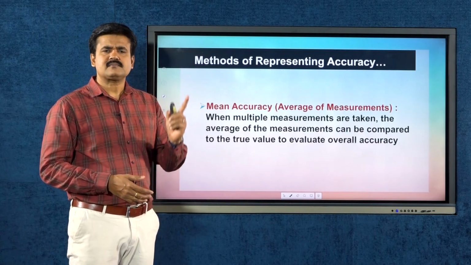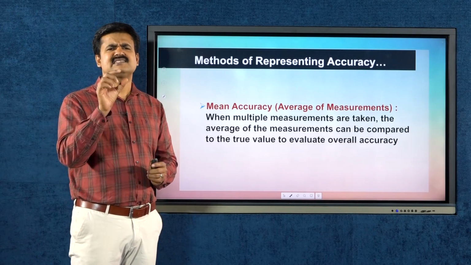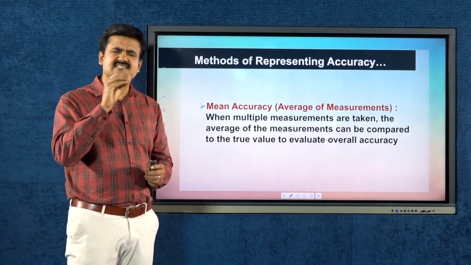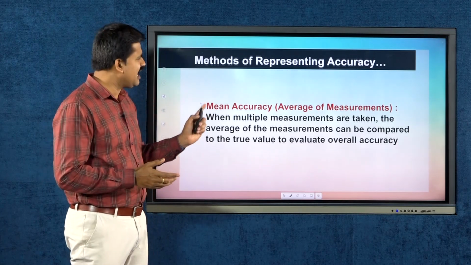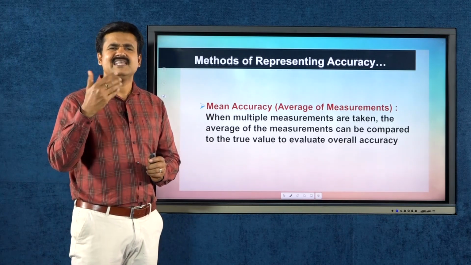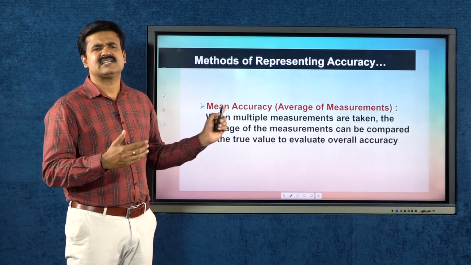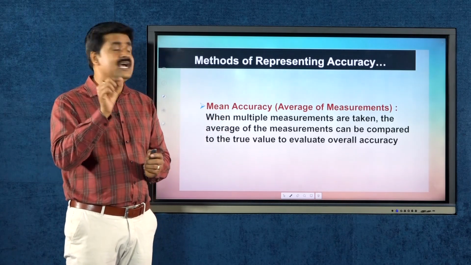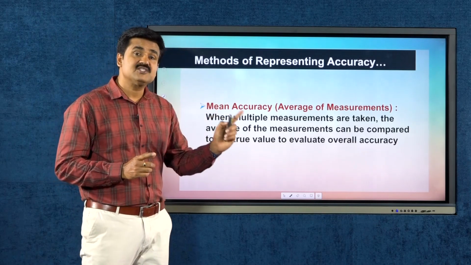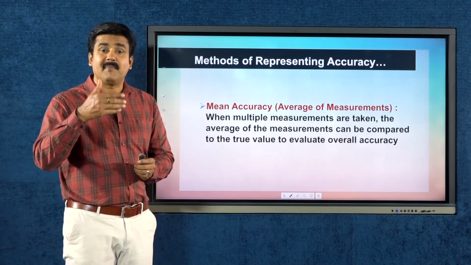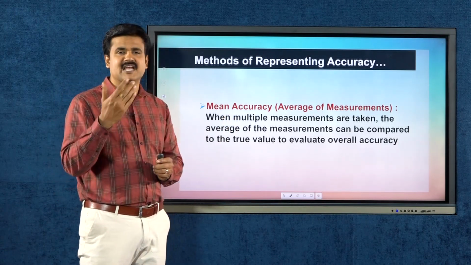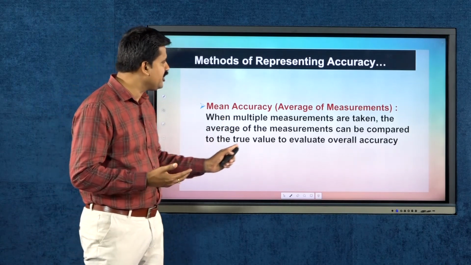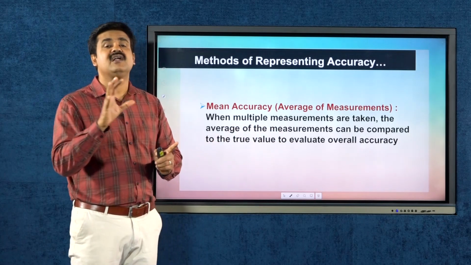Now, mean accuracy is a concept which is less common in practice, but even so, we can also represent the error by using the term mean accuracy. Mean accuracy is otherwise called average of measurements. When multiple measurements are taken, the average of the measurements can be compared to the true value to evaluate overall accuracy.